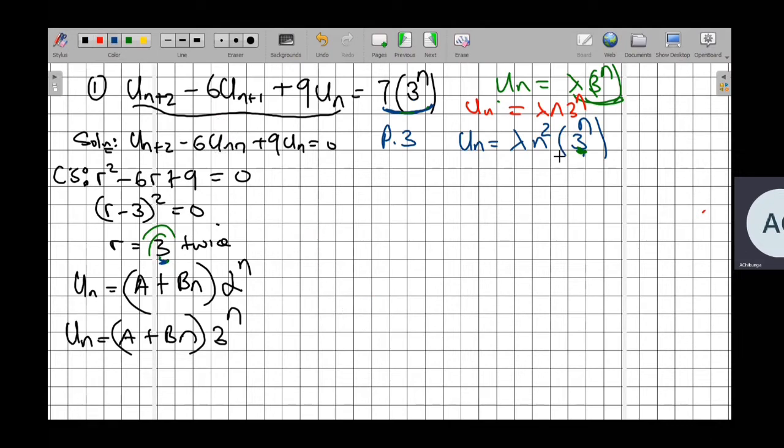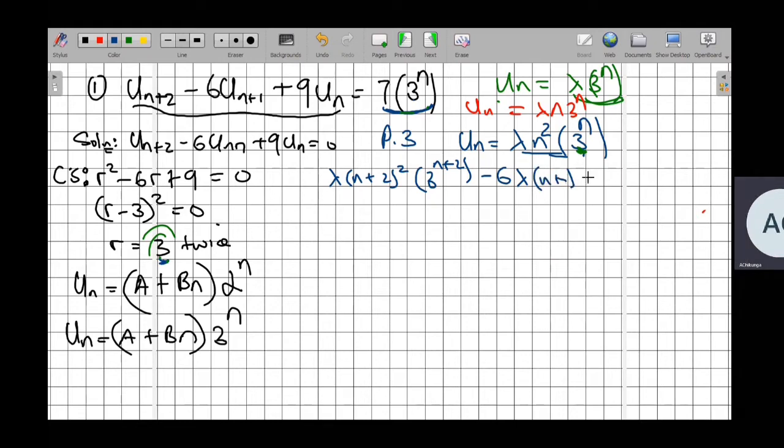So this is the form that we're going to use, right? So we're going to have now lambda n plus 2 squared. Then what? 3^(n+2). Placing this here, you just put n plus 2 where there's n, isn't it? Minus 6 lambda, okay?